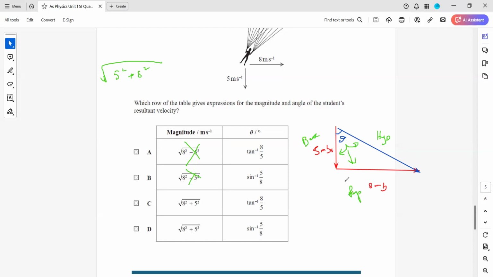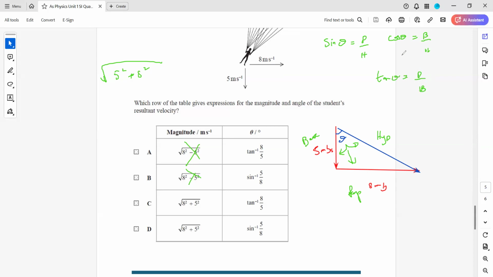So which trigonometric ratio can be used? We have sine theta, which is perpendicular over hypotenuse. We have cosine theta, which is base over hypotenuse. And we have tangent theta, which is perpendicular divided by base.